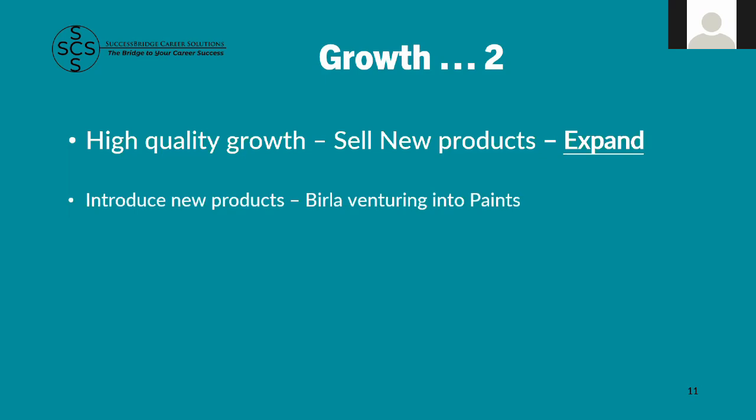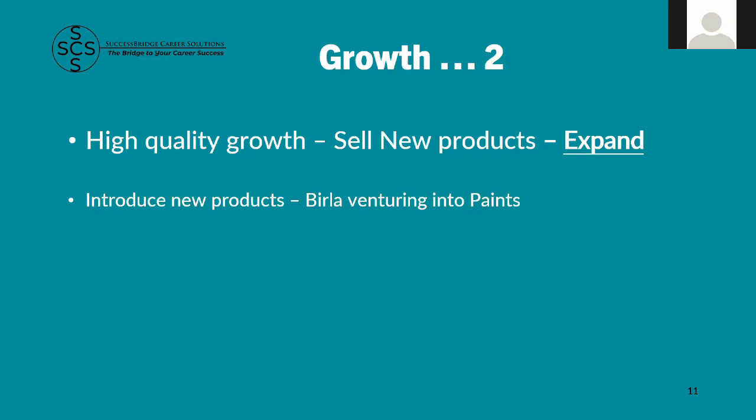So one of the examples is Grasim, which is a Birla company. They ventured into paints, and similar to Asian Paints, Grasim also has a very strong distribution network. Their thought process is that they are able to use the same distribution network to push their paints.